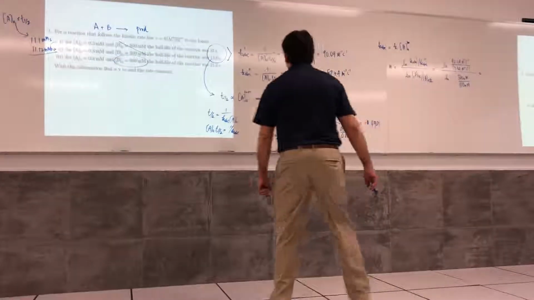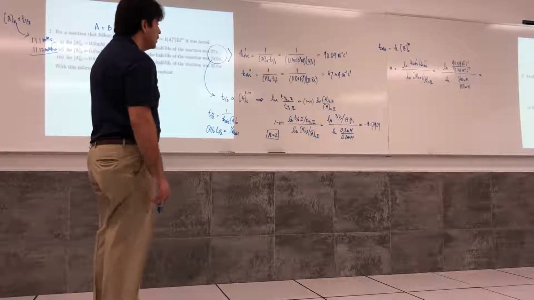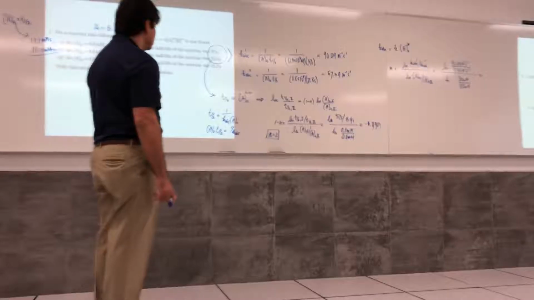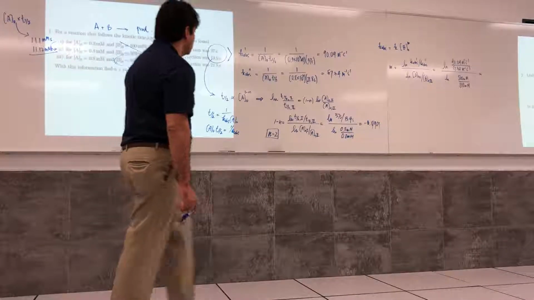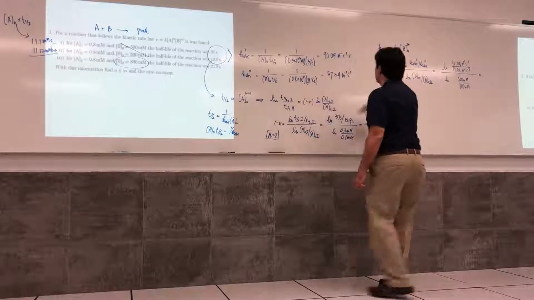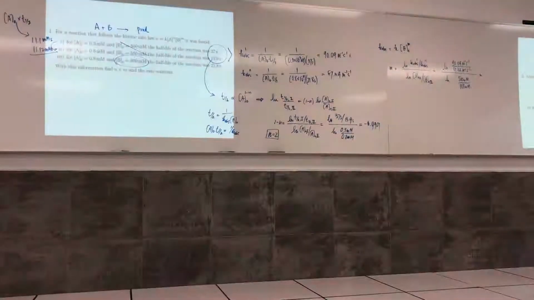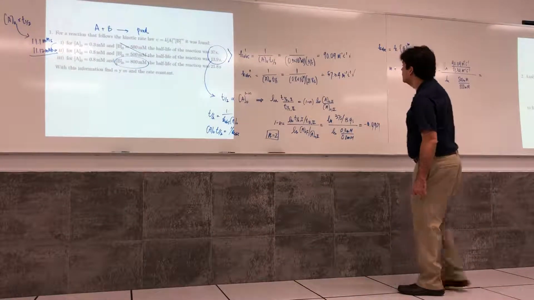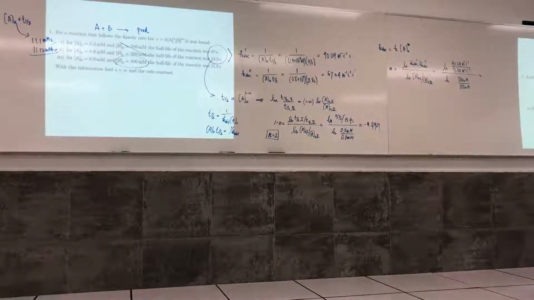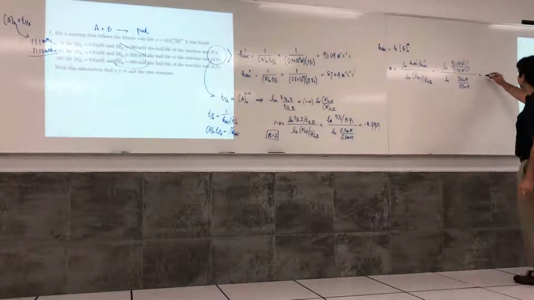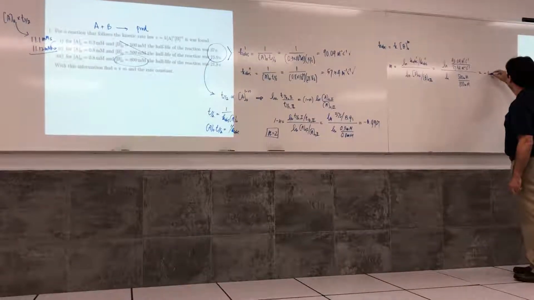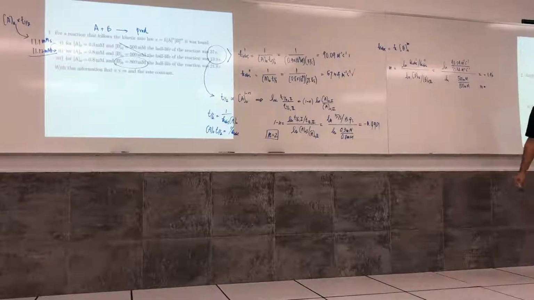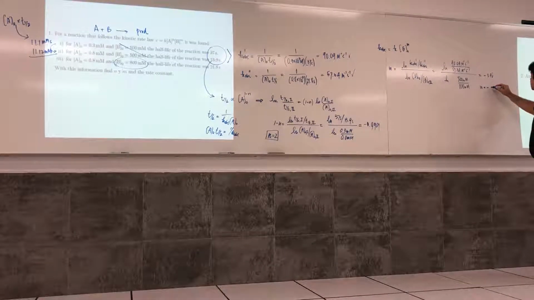Am I doing something wrong here? So this is fine. And this is okay, yeah. Nice. So this is minus 0.96, so this is minus 1.